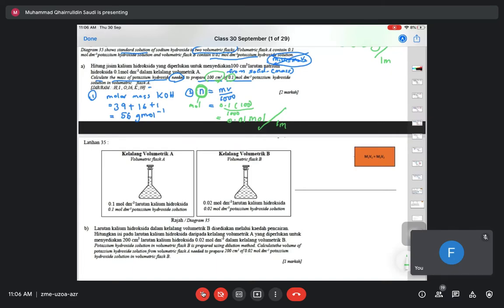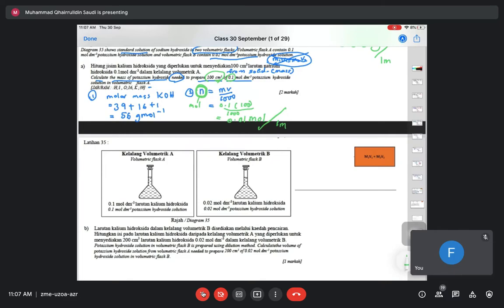Maksudnya dia tahu maksud kita kat mana. Dia bagi dia masuk dulu. Kalau tak, saya habiskan kelas ni.